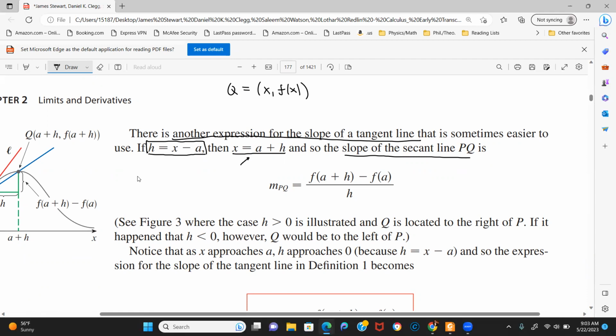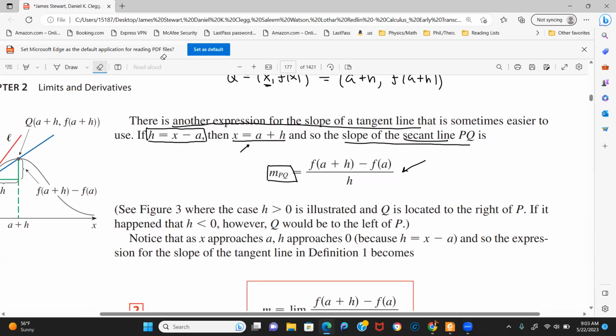Well, we just solved for x in terms of h, so now Q can be described as the point a plus h comma f of a plus h. And now the slope of the secant line through P and Q is described as that. So we've eliminated x and put in h in its place.